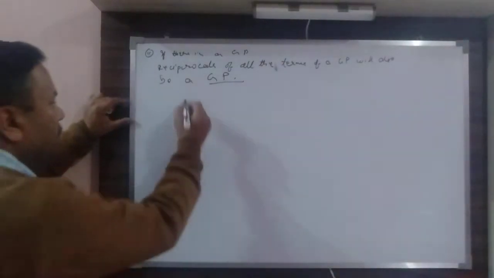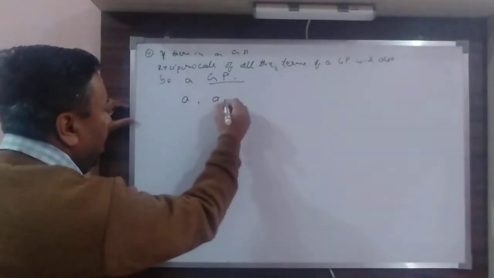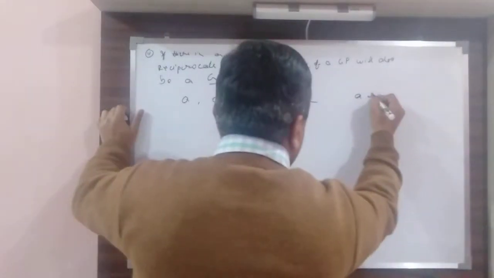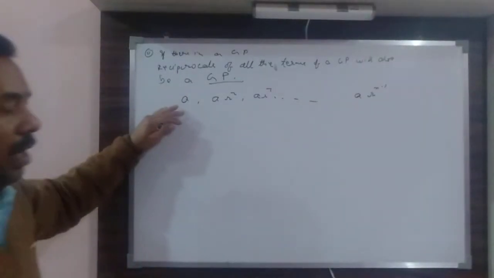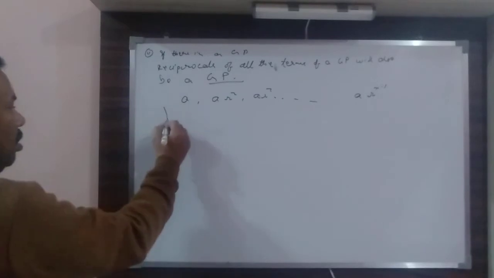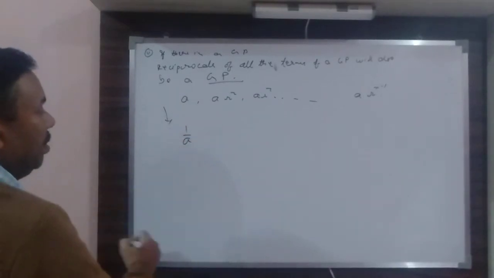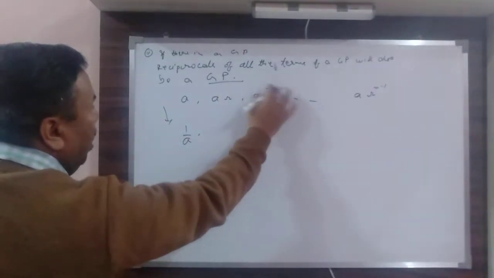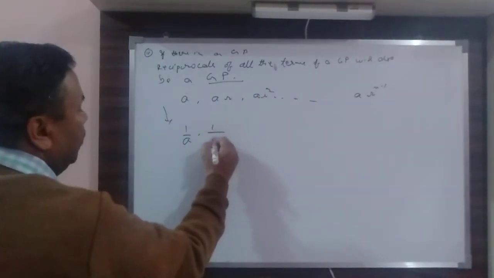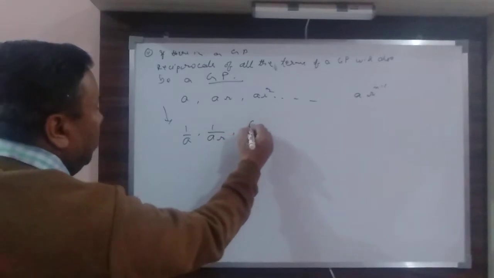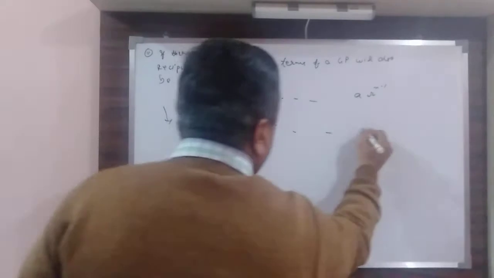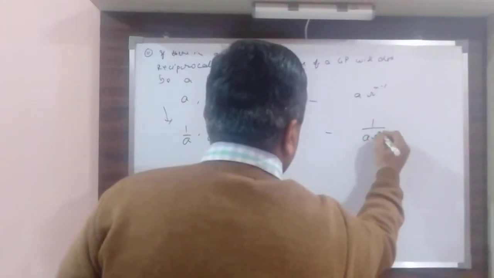Suppose that your GP is A, AR, AR square, and up to AR raised to the power n minus 1. If I take the reciprocals of all, what will happen? The first term will become 1 by A, the second term will be 1 by AR, the third term will be 1 by AR square, and similarly the last term will be 1 by AR raised to the power n minus 1.